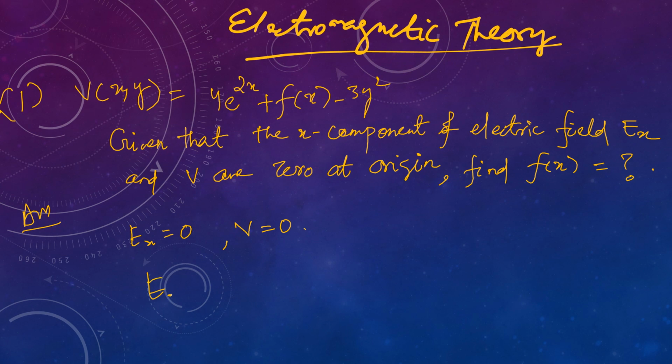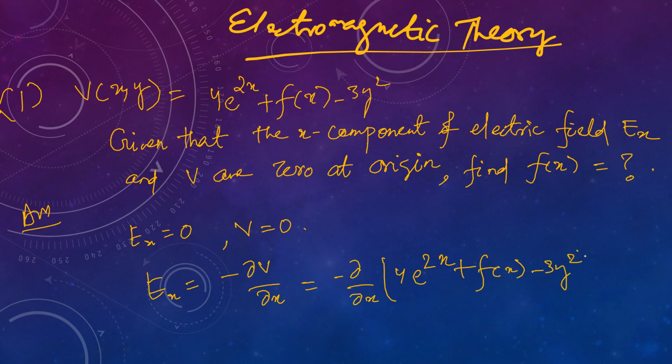We know Ex is minus del V by del x, so minus del by del x of 4 e to the power 2x plus f(x) minus 3y square. That implies minus 8 e to the power 2x minus f dash x.